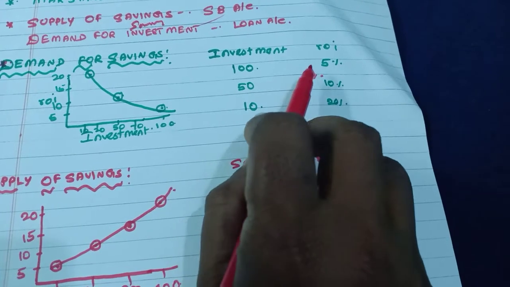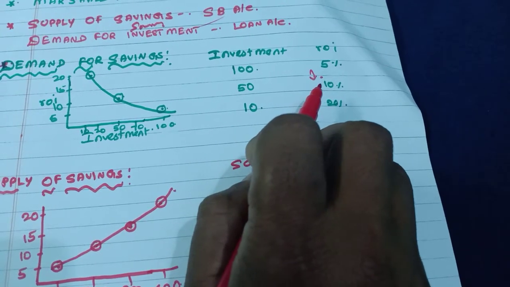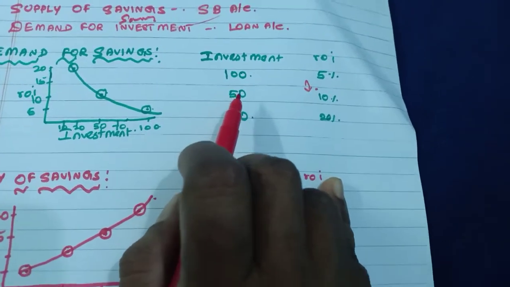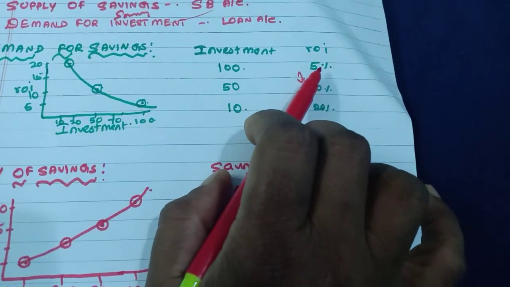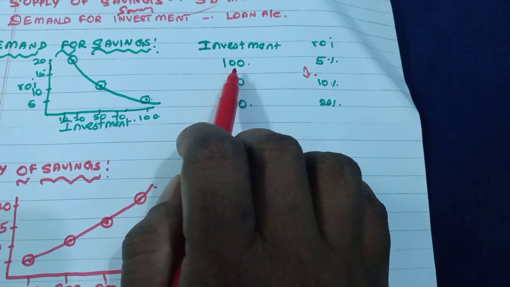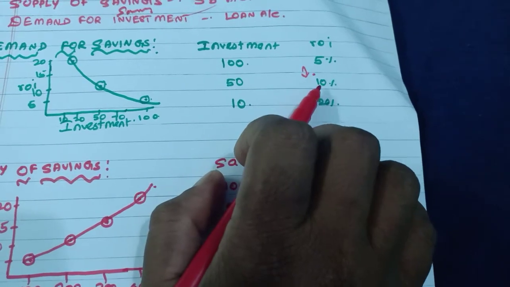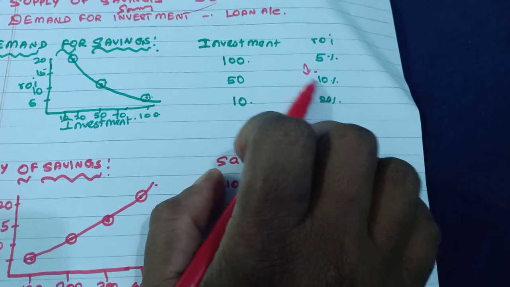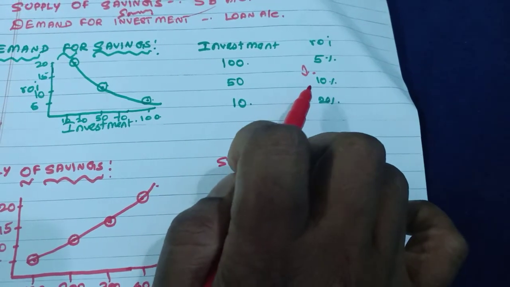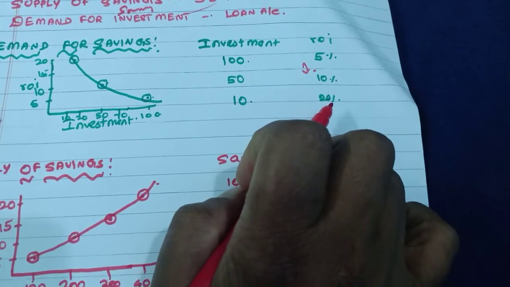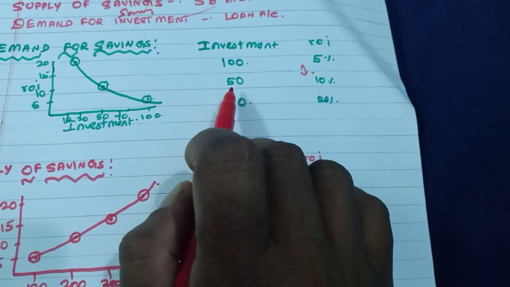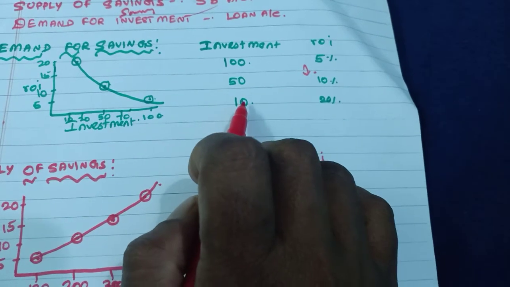For the loan customer, if the rate of interest increases, he may get a smaller amount of loan. If the rate of interest is 5%, then he gets 100 rupees. When the rate of interest increases, he gets only 50 rupees. The rate of interest further increases to 20%. Then he gets less than 50, only 10 rupees.